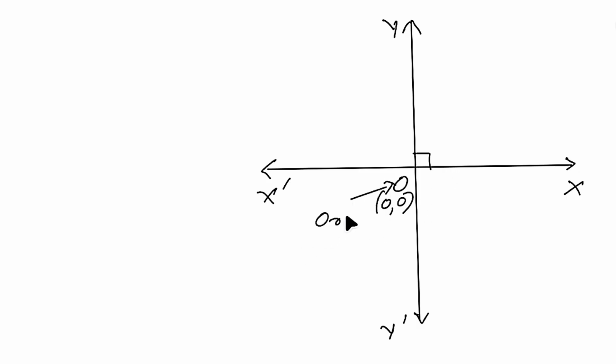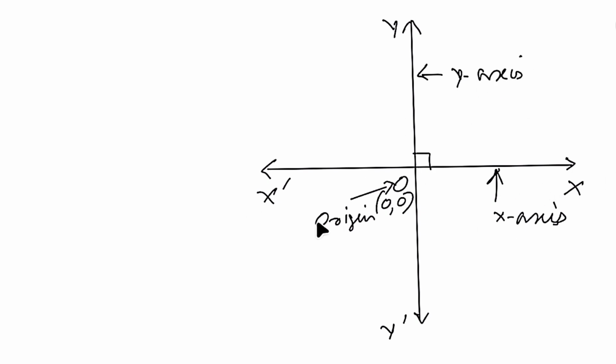This is X'OX and Y'OY, perpendicularly intersecting each other. So O is the origin, or the coordinates of O is (0, 0), and this is called origin. Always remember this. This is origin, this is x-axis, and this is y-axis.